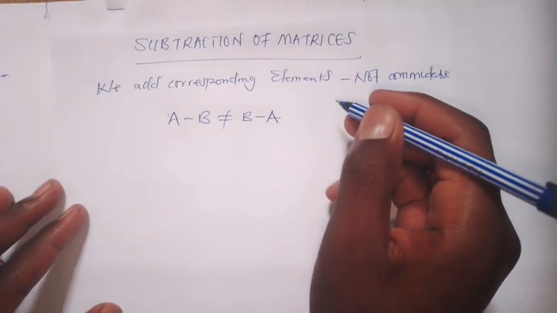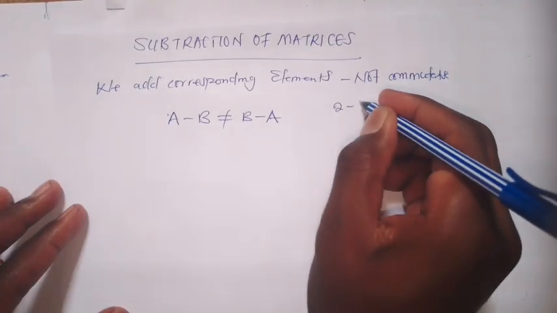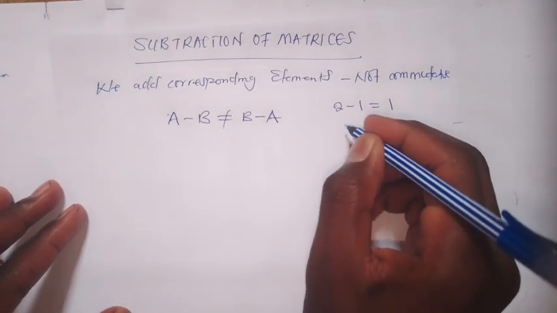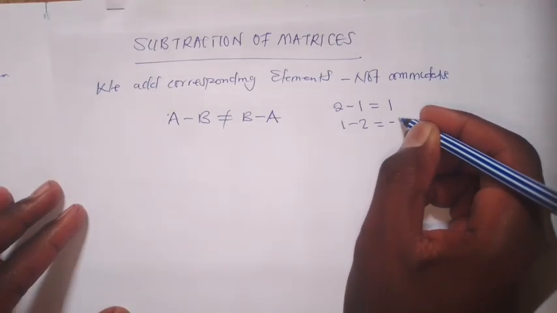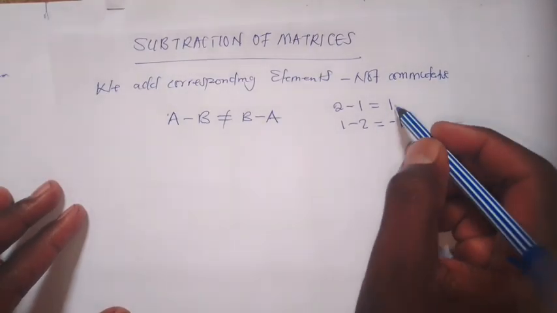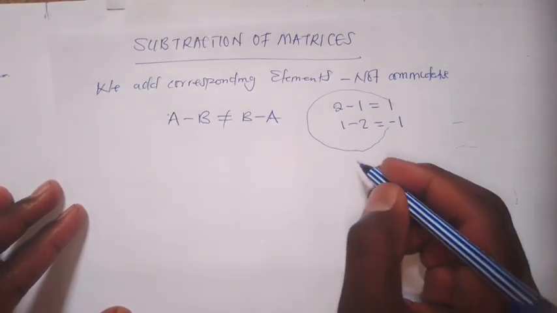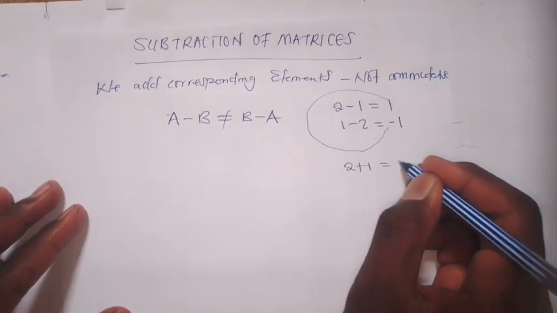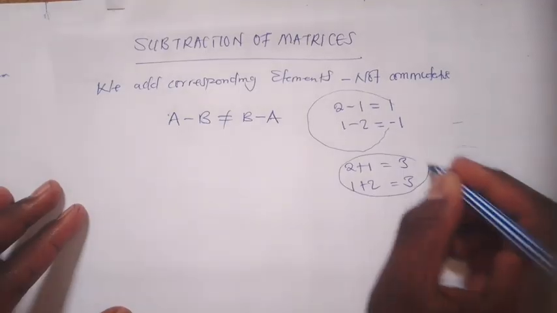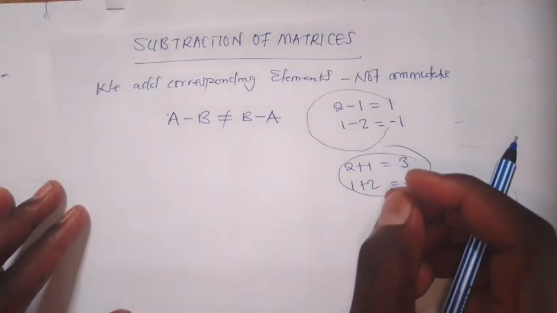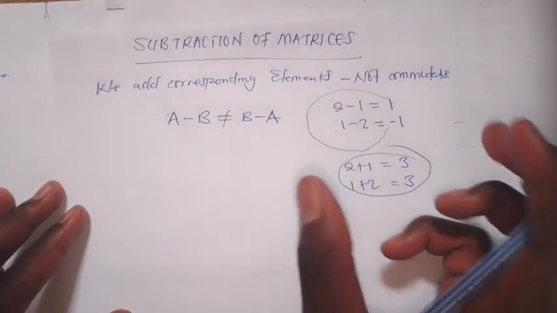Let me give you just a simple example. For example, 2 minus 1 is equal to 1, but 1 minus 2, the answer is negative 1. This is the reason why we are saying subtraction is not commutative. But when we go to addition, 2 plus 1, the answer is 3, and 1 plus 2, the answer is still 3. So addition is commutative because whether you swap or not, you're going to get the same answer.